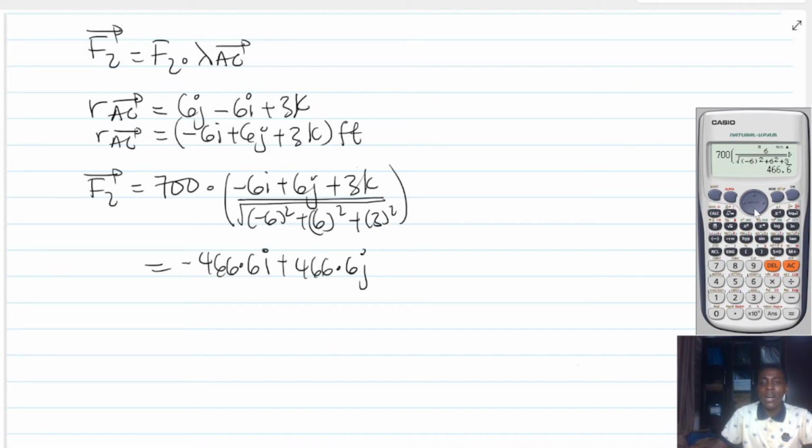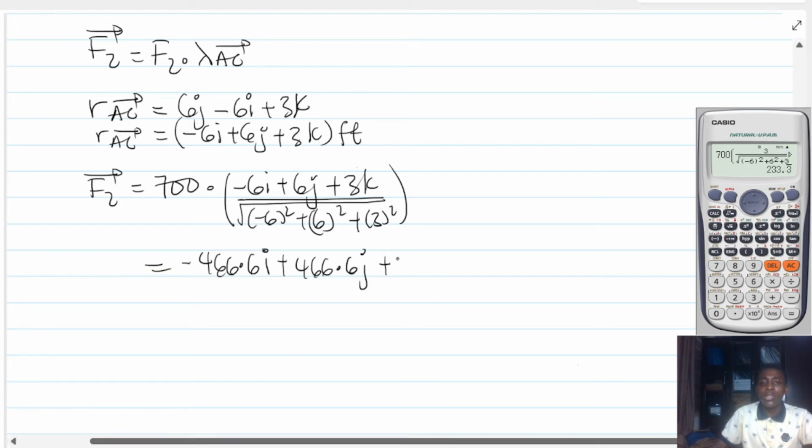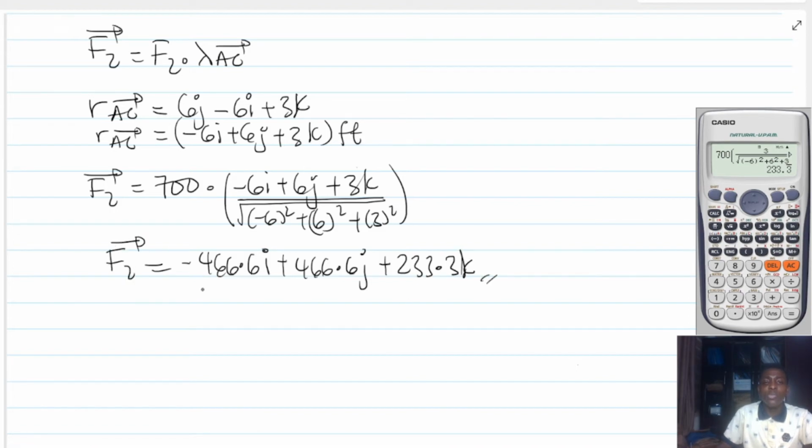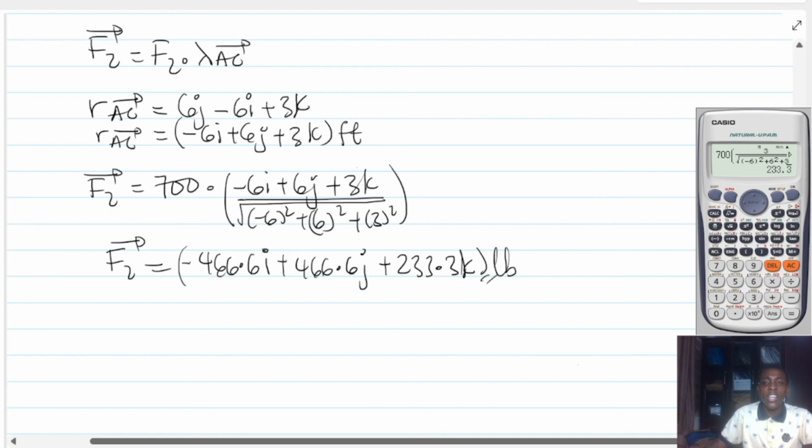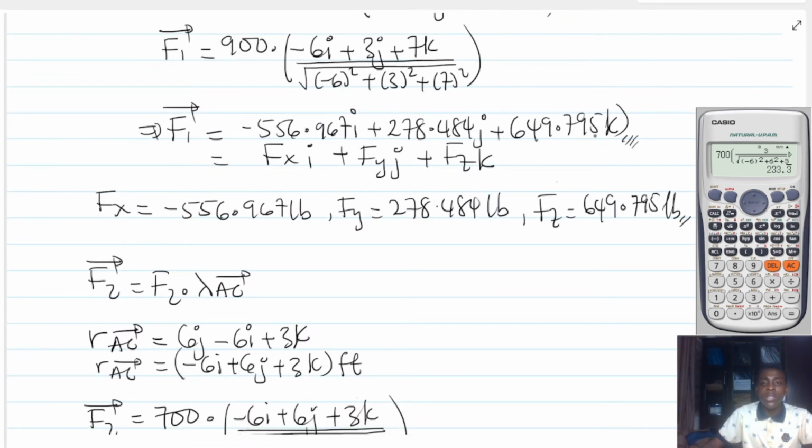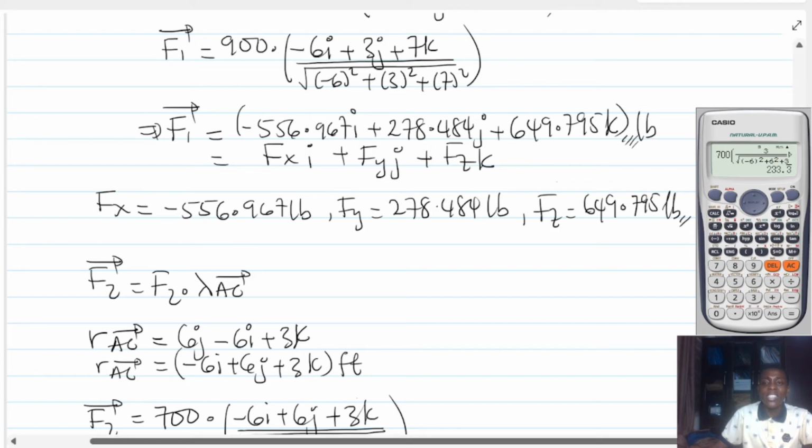And finally, I will change the numerator to 3, and I'm going to get plus 233.3 k. And if I do this, I've been able to express this force, this is in pounds, but this is the Cartesian form.